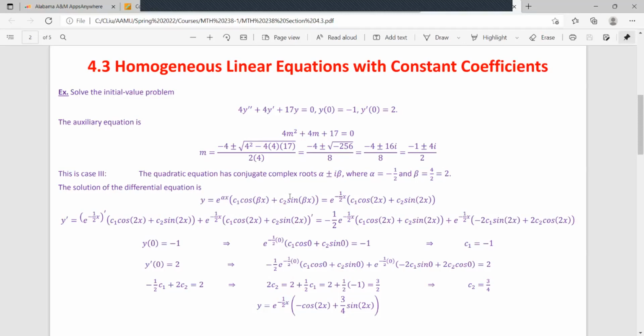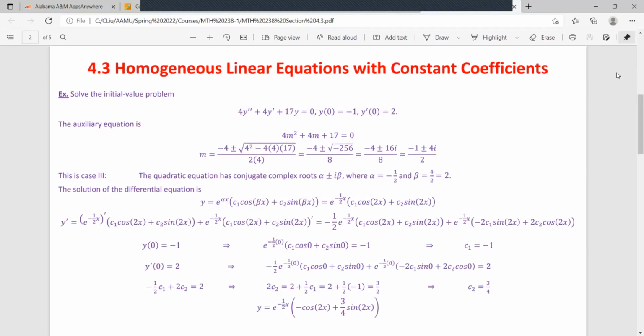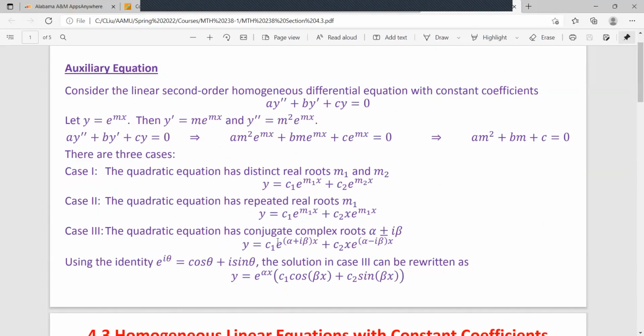All right. You can also use the exponential form, but we usually use the real functions instead of complex functions.